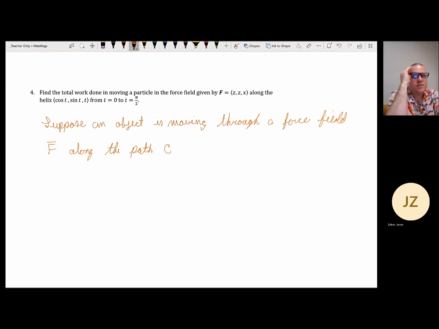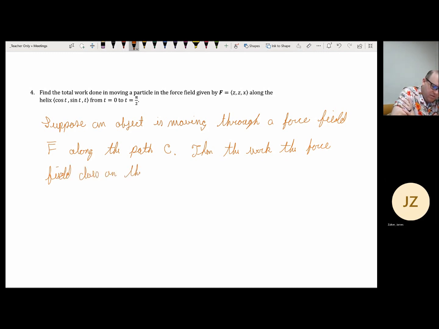Path C. I want to use C. All right, so it's the path integral of F, obviously dot dr, and you just integrate over the path.